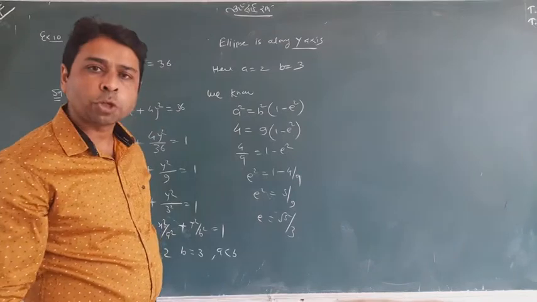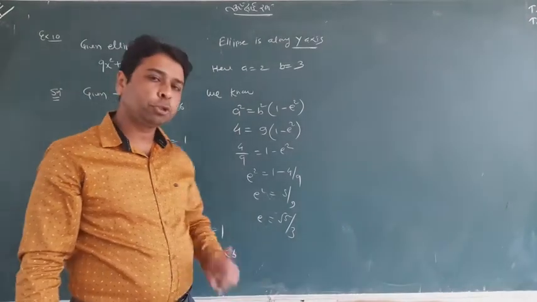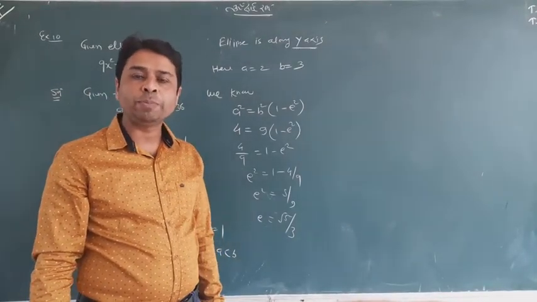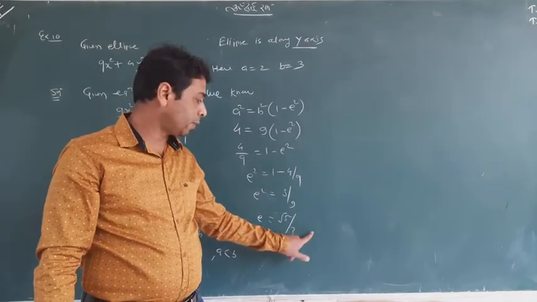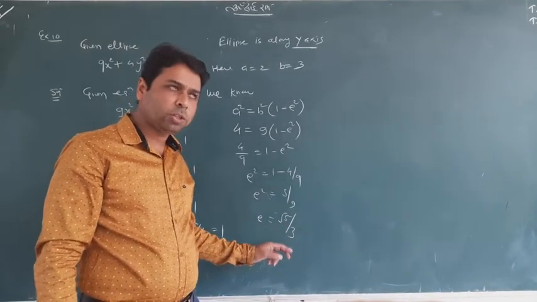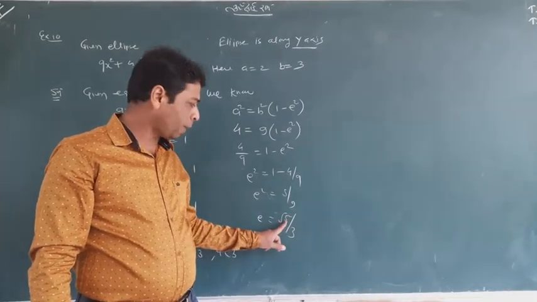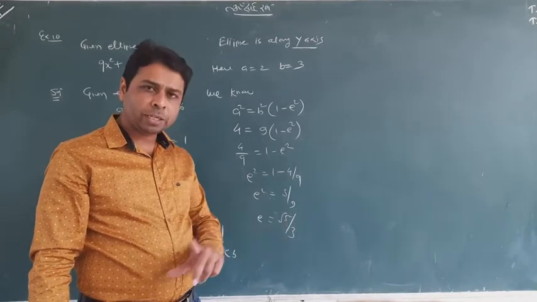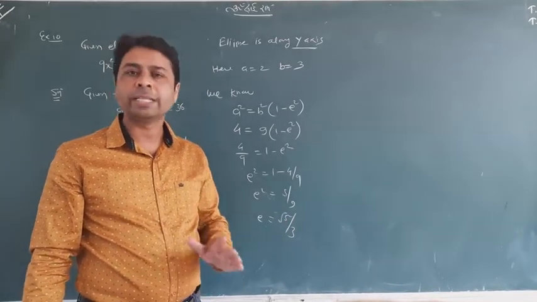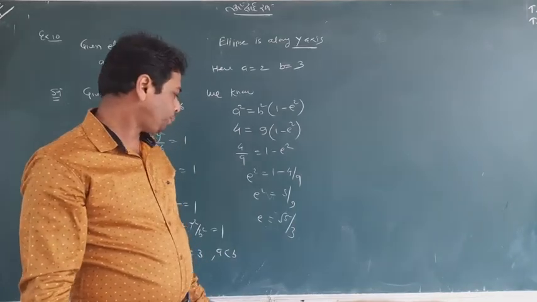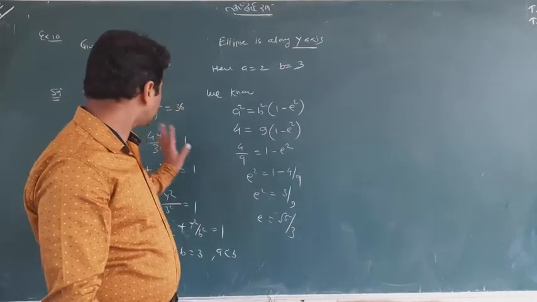E is always a positive value, and we are studying the ellipse, where it is always less than 1. You can simply find the value of root 5, divide by 3, and you will always get an answer less than 1. Very fantastic till here.